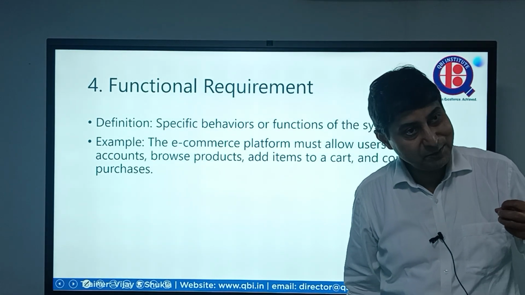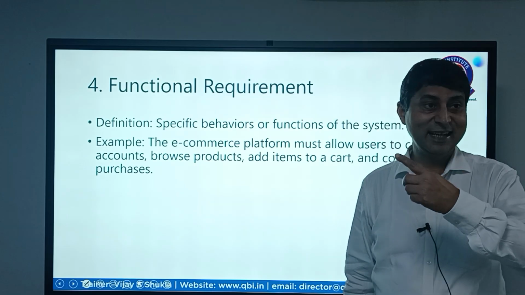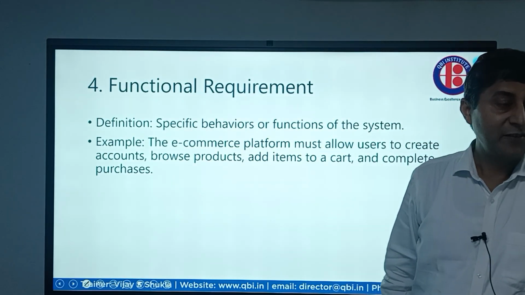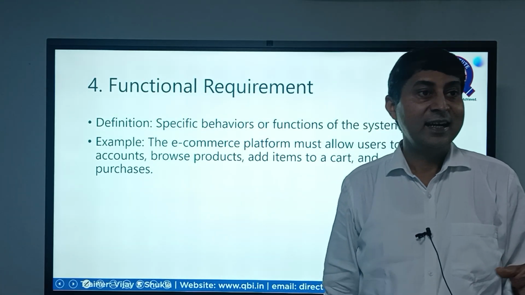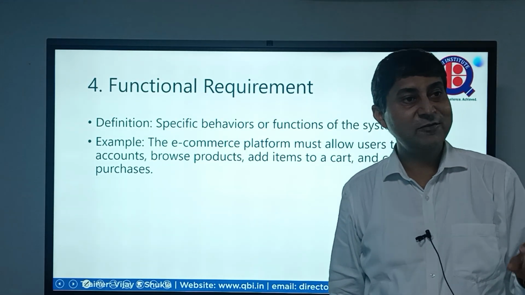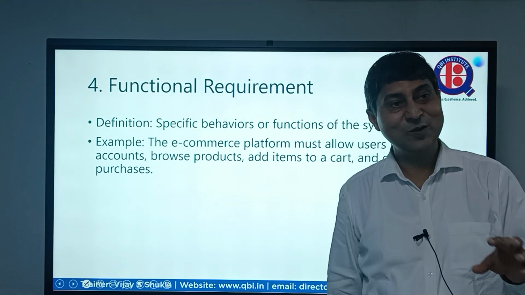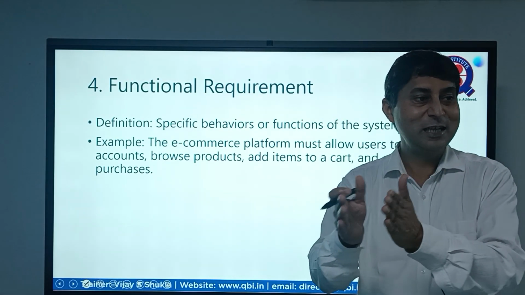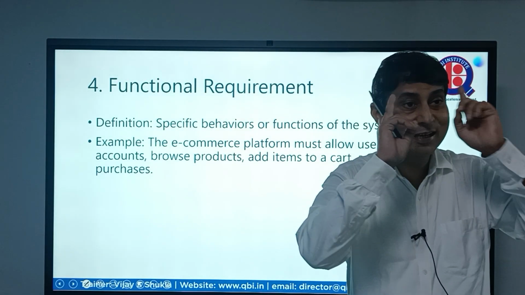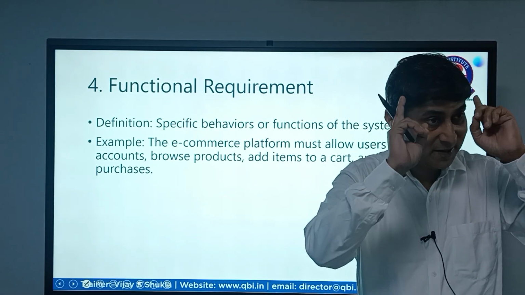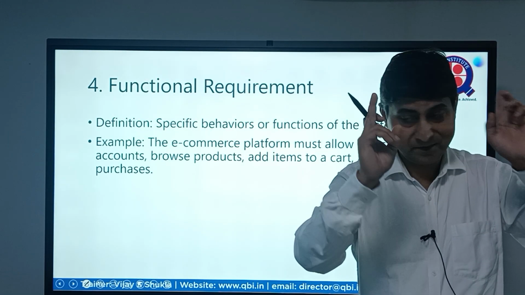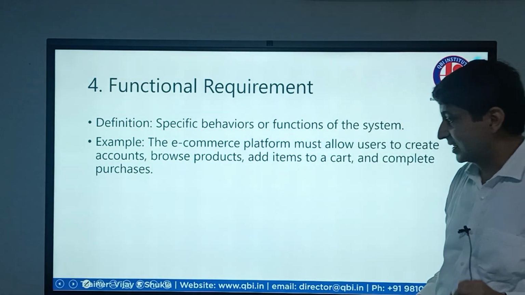When I make a purchase on the e-commerce portal, there are so many functionalities which are required. It is not one requirement, it is multiple requirements. And we need to think in terms of end users and their requirements. So this is a functional requirement.